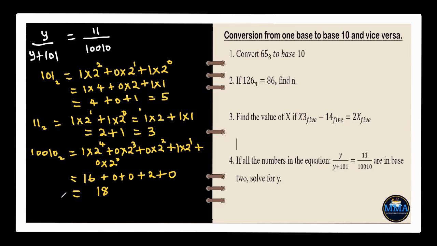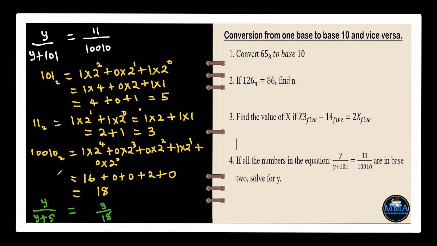Okay, now what we are actually solving becomes y over y plus 5 equals 3 all over 18.